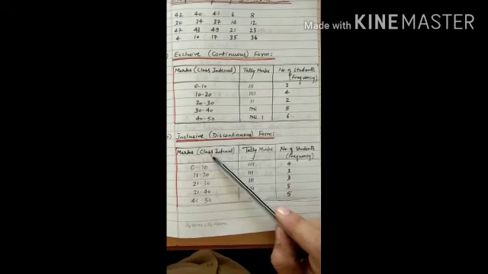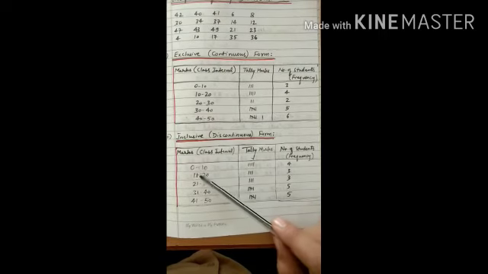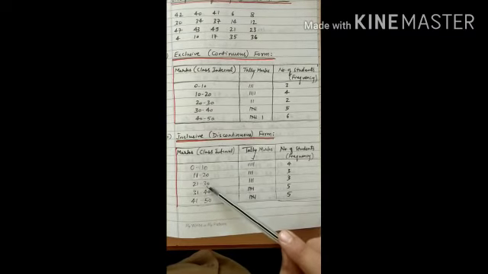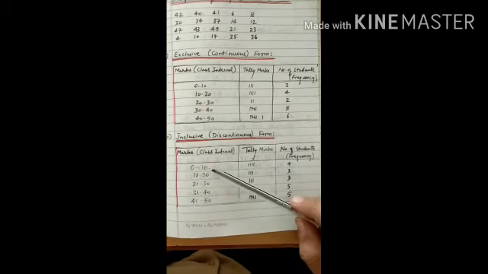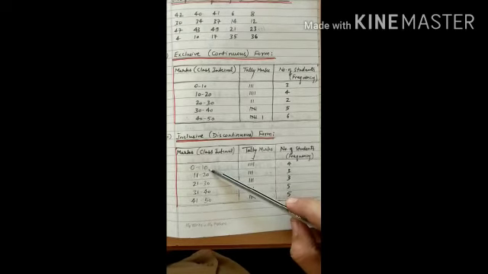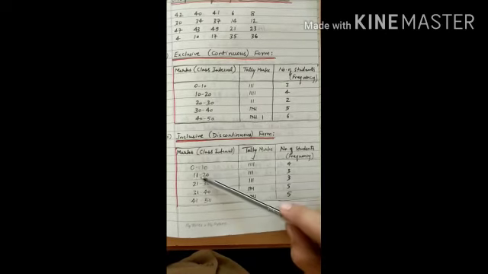In this, the class intervals will be like 0 to 10, then 11 to 20, 21 to 30, 31 to 40 and 41 to 50. It means the upper limit given in each class interval is not the starting value of the next class interval.